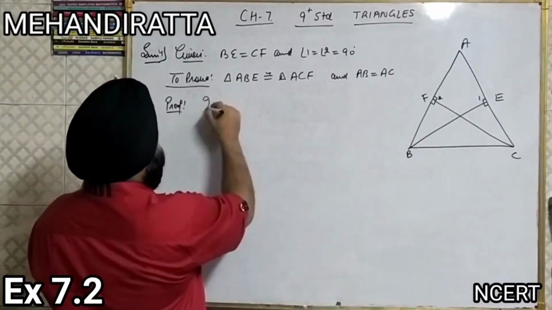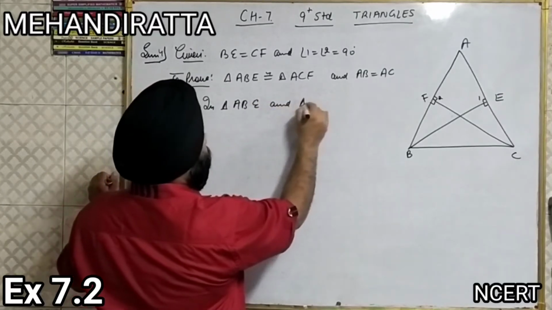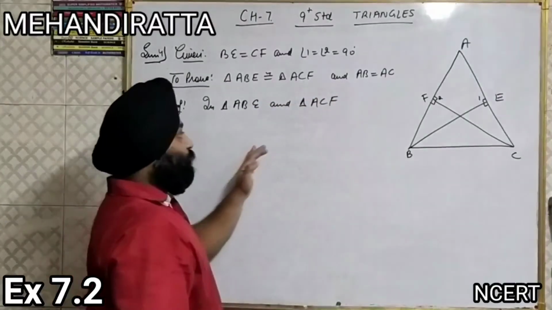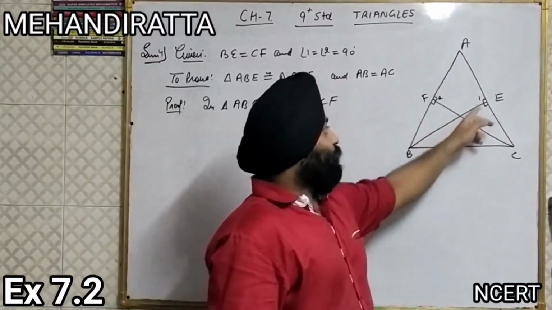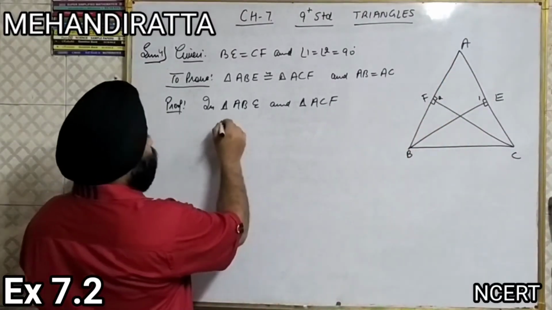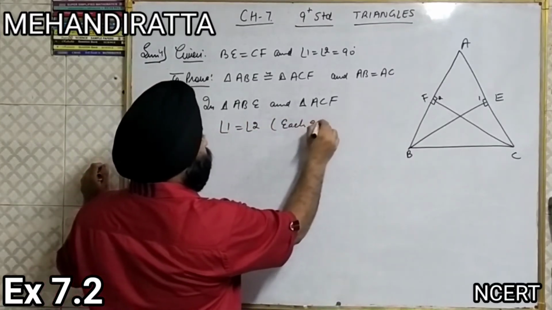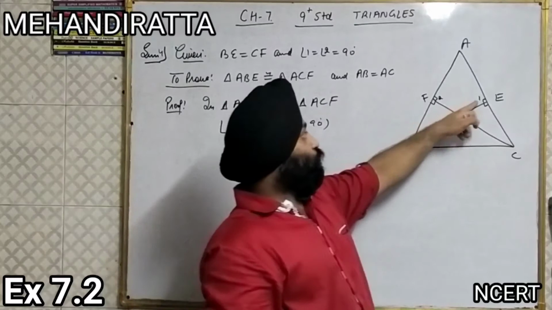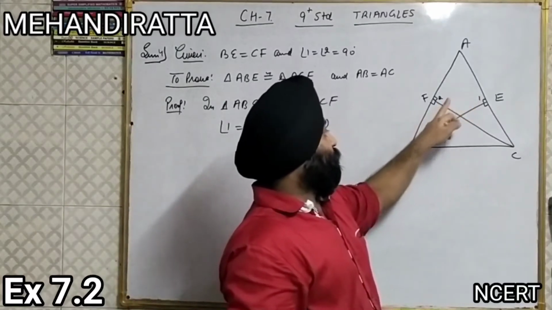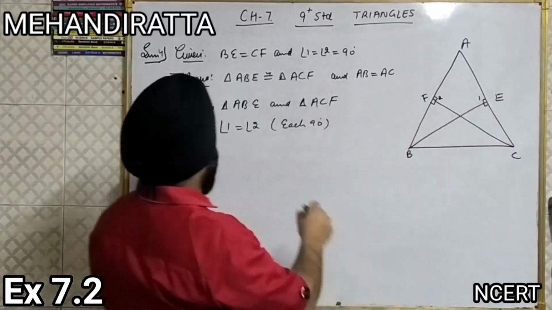So, in triangle ABE and triangle ACF, firstly angle 1 equals angle 2, each 90 degrees.